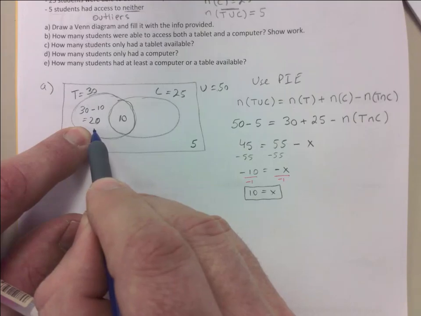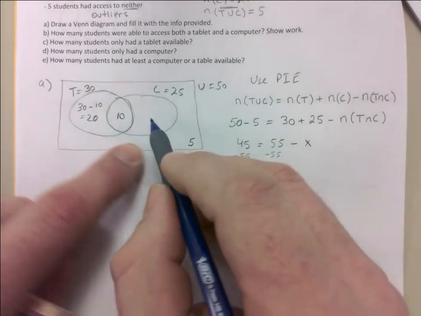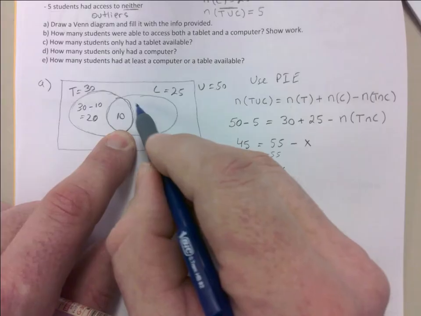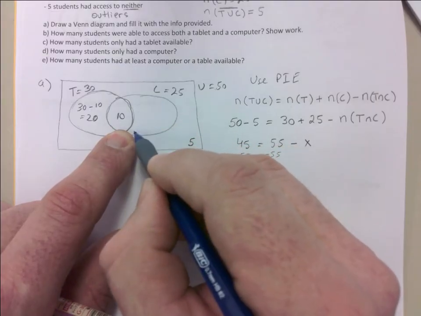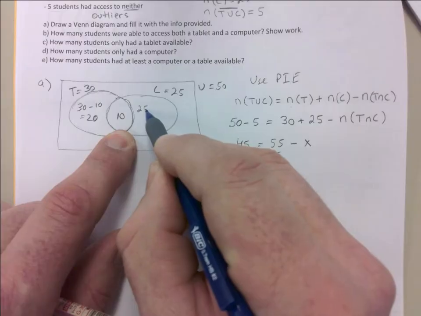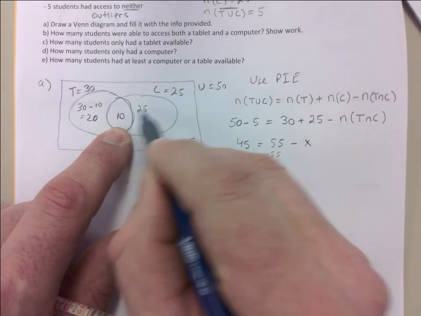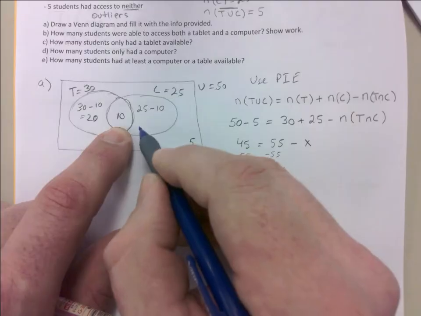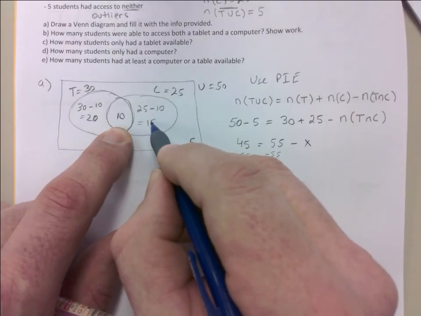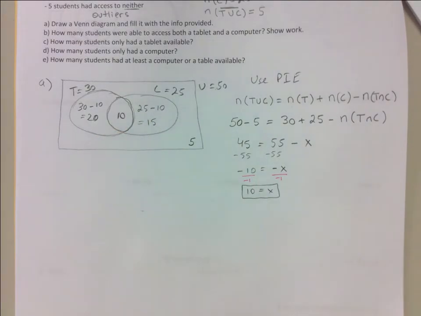Got it? Then we go over to this side. How many only have a computer? We want just this section here. We go 25, which is all of that, minus 10. That would be 15. Only have a computer.